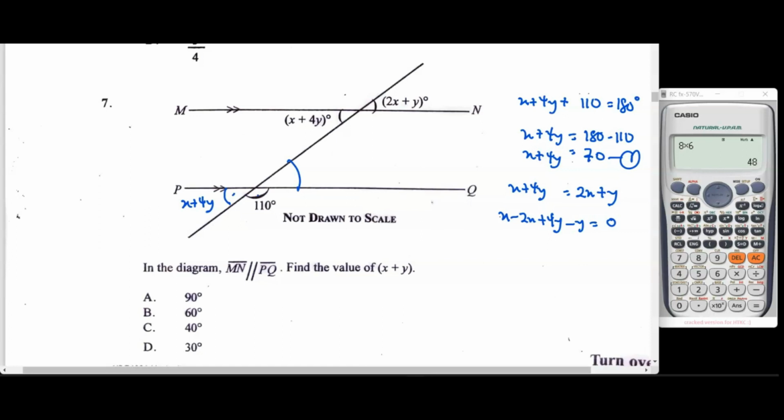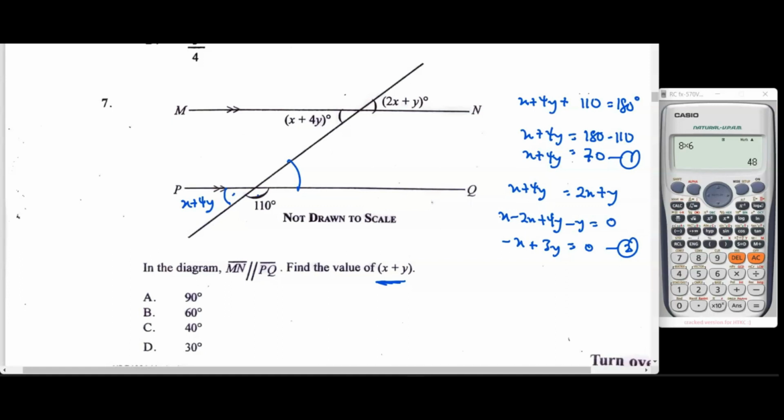That will be given as negative x plus 3y equal to 0. So that is equation number 2. We need to solve the two equations simultaneously to get the values of x and y. Then we can go further and add them to get the actual value we are interested in.